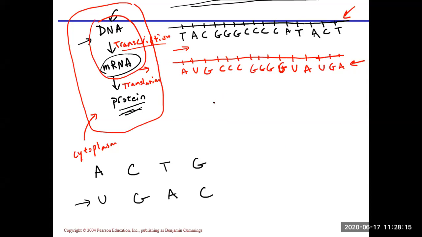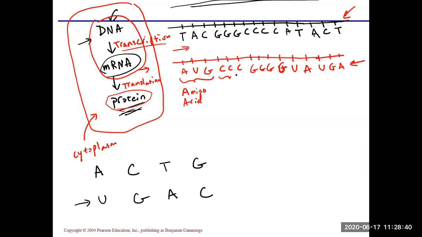Before we go on to the process of translation, all I need to do is figure out what amino acids, proteins are made out of amino acids, all right? And it turns out that each of these three letters code for one amino acid.